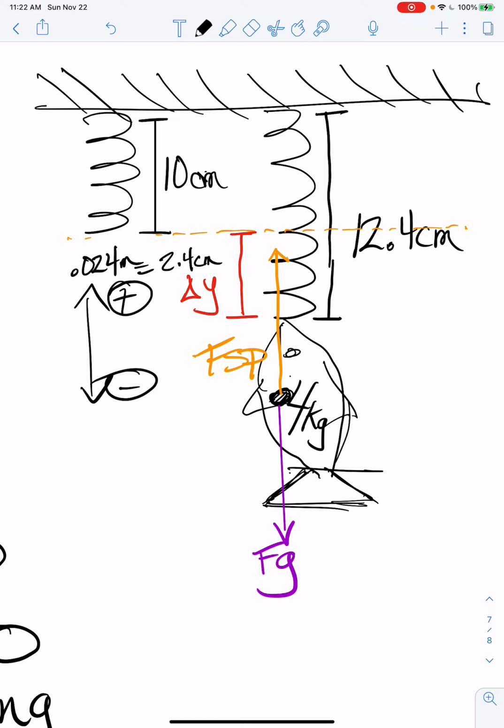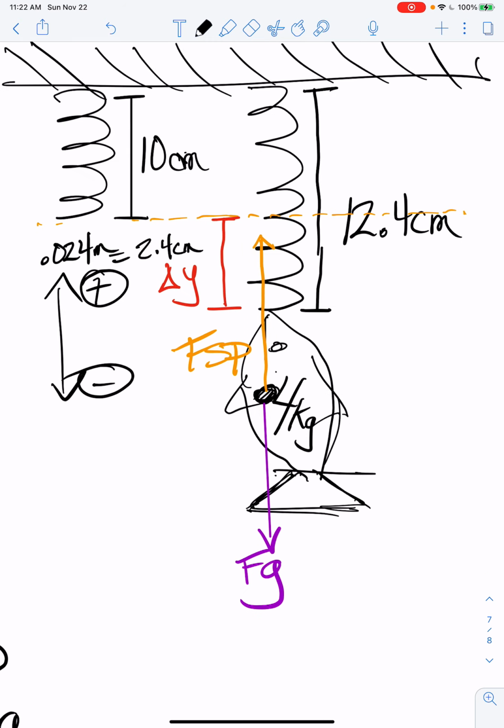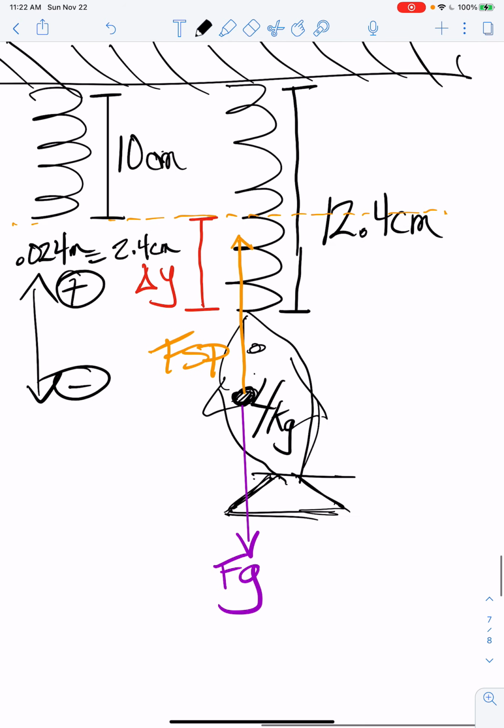The k is a characteristic of the spring. But since delta x or delta y is proportional to force spring, if we stick an 8 kilogram fish on there, then force gravity is twice as large because Fg is mg. So if we double m, we double force gravity, and if we double force gravity, we double the force spring.